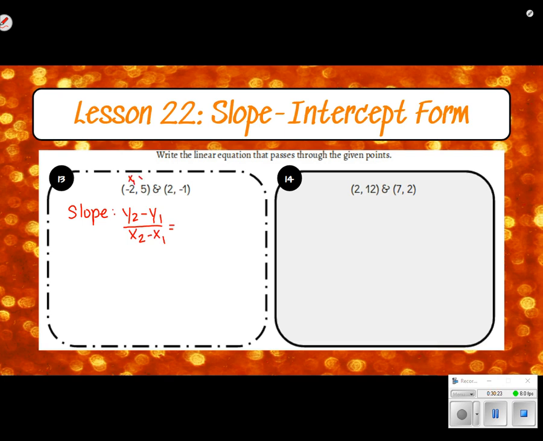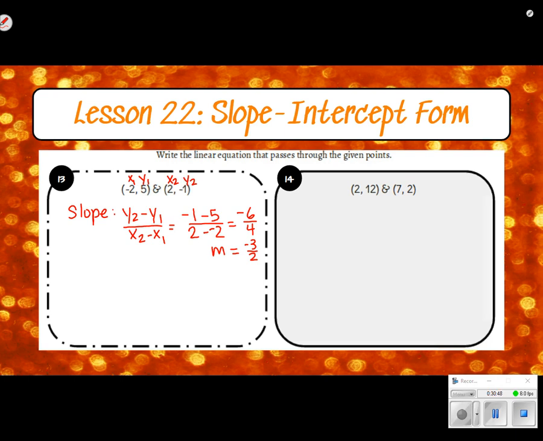So negative 1 minus 5 over 2 minus negative 2. You get negative 6 over 4, which is negative 3 over 2, or negative 1.5. Again, I want improper fractions. I think that's going to be best.